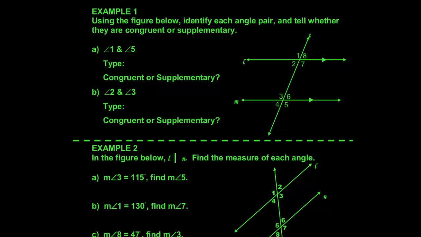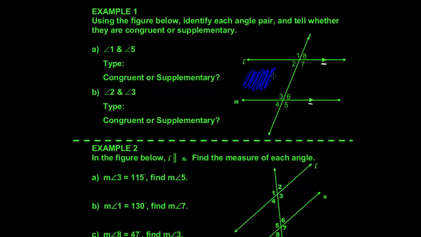Example 1. Using the figure below, identify each angle pair. Tell whether they are congruent or supplementary. What's the first thing that we should look for? This right here. Because what does this tell us? It tells us these lines are parallel. Alright.